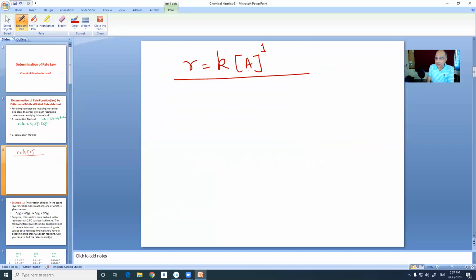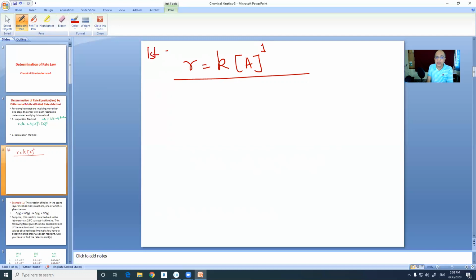This is the initial concentration of reactant and the corresponding rate. We shall measure the rate at different initial concentrations. And since the power is 1, if the initial concentration is doubled, the rate will be doubled. If the initial concentration is trebled, the rate will be trebled. If it is quadrupled, this will be quadrupled. If it is increased by 5 times, this will be increased by 5 times.